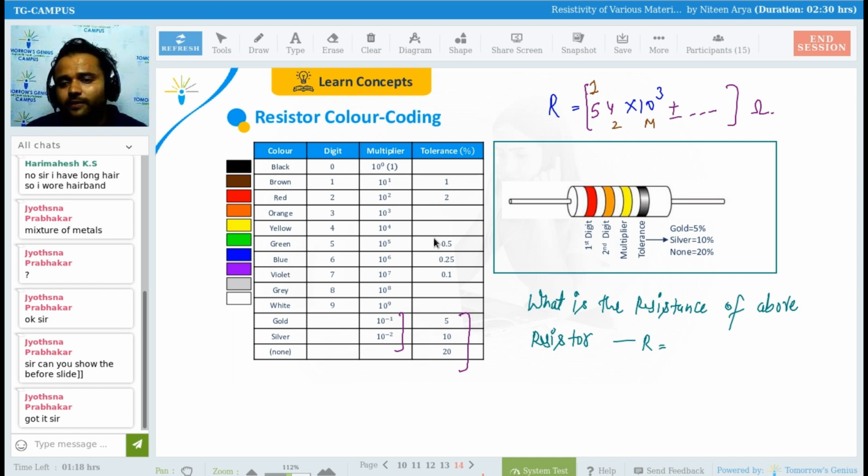This is resistor color coding, and you need to tell how much resistance the above resistor has. Tell me. This is very easy, and you need to face questions like this.